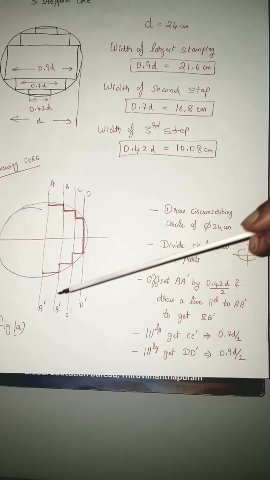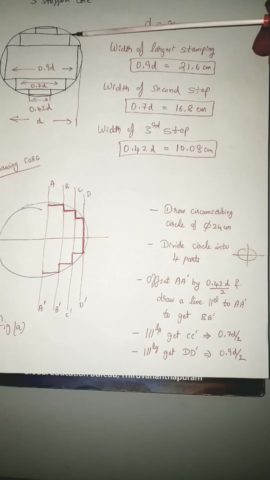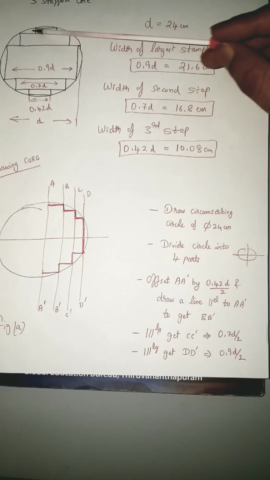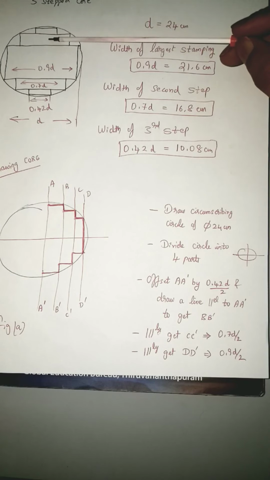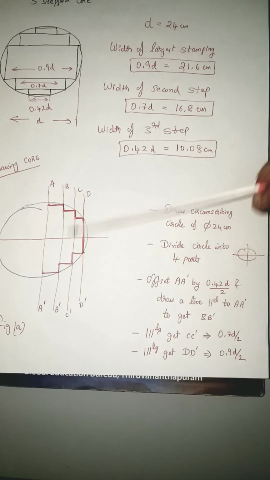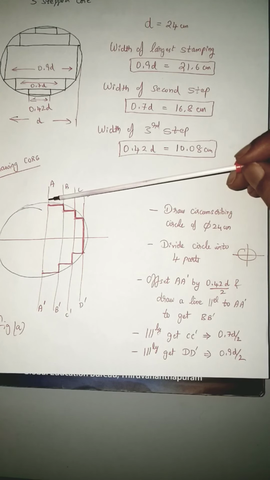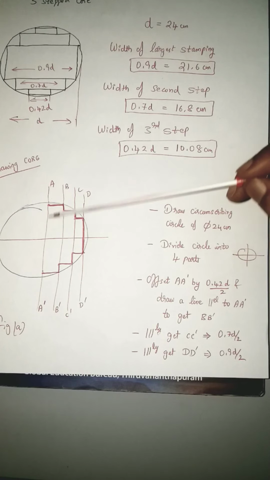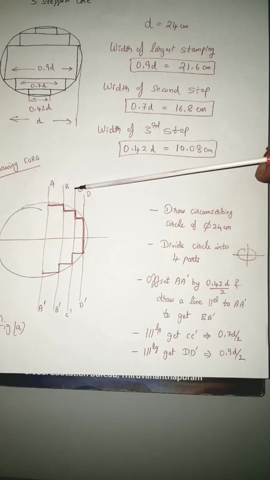Next I need the second step. For that, I know that the width of this step is 0.7 D, so half will be 0.7 D by 2. In order to get CC dash, offset this AA dash by a distance of 0.7 D by 2.